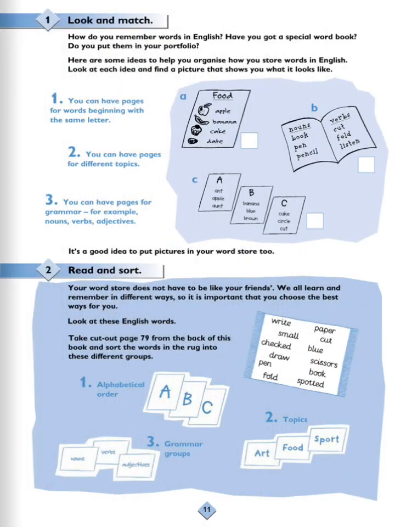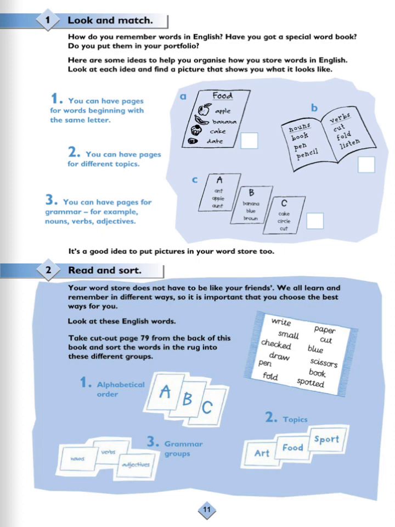Exercise number 1. Look and match. How do you remember words in English? Have you got a special word book? Do you put them in your portfolio? Here are some ideas to help you organize how you store words in English. Look at each idea and find a picture that shows you what it looks like.